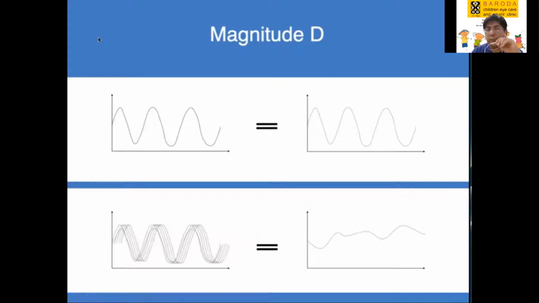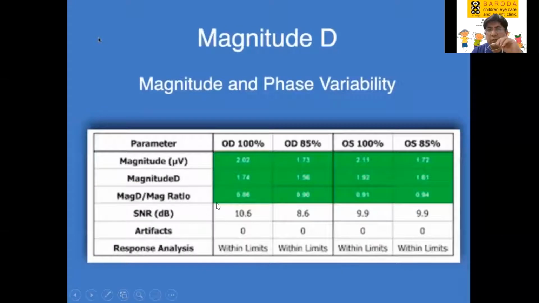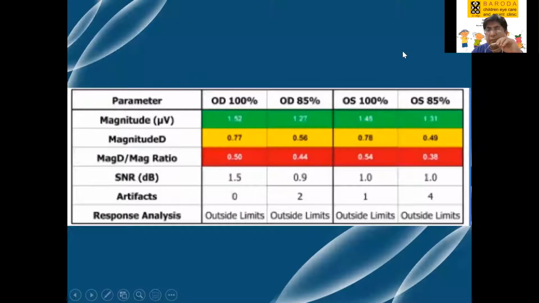They will do multiple waveforms of N35 P50, N35 P50, and then they will take an average of that. But taking an average basically means that you are changing the data a little bit. So what they have also done is they give you that particular data in magnitude D. Magnitude D is magnitude by phase variability. Basically the magnitude, this is the magnitude.